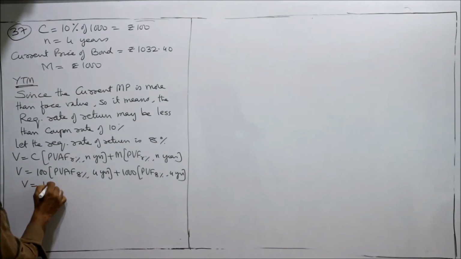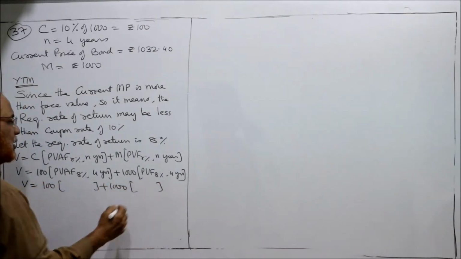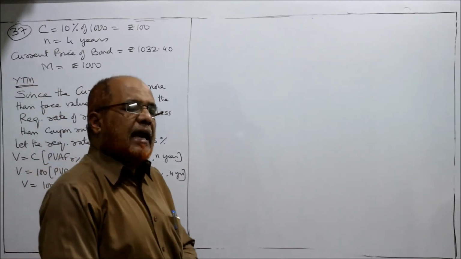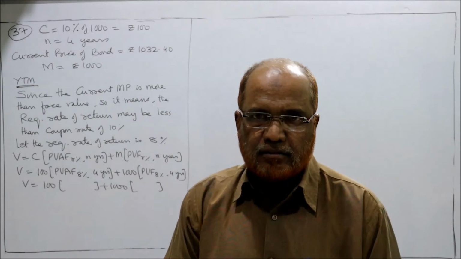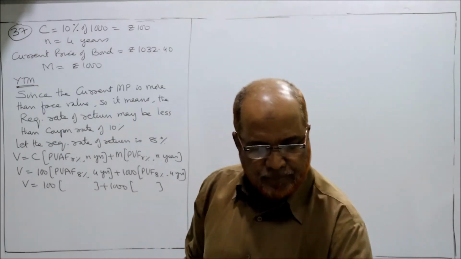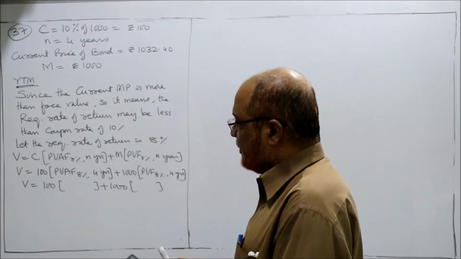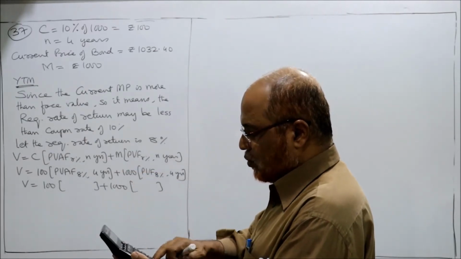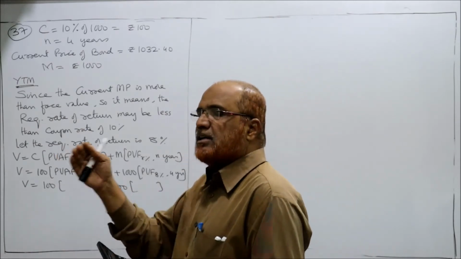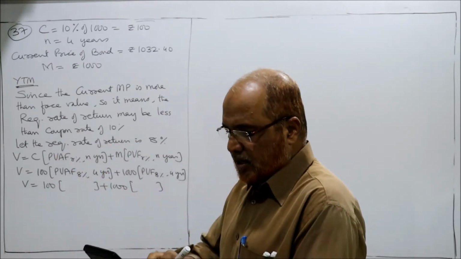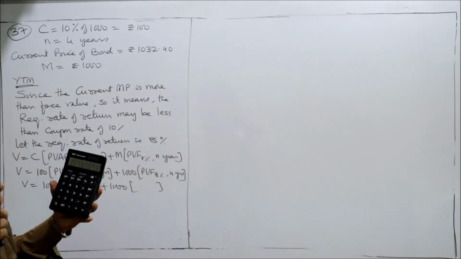V is equal to 100 into annuity factor plus 1000 into PV factor. Already you know how to calculate the annuity factor and PV of rupee 1 factor. Again, we'll make one more practice for this calculation of annuity factor. 8% means 1 divided by 1.08 is equal to, I got the 1 year factor.